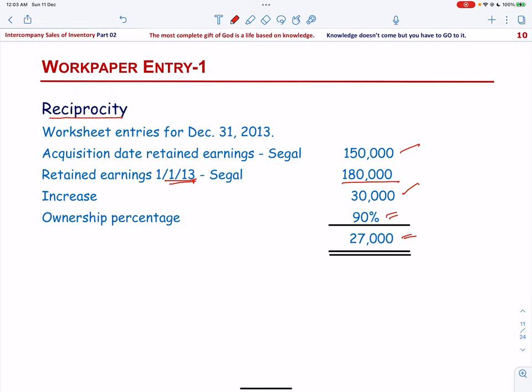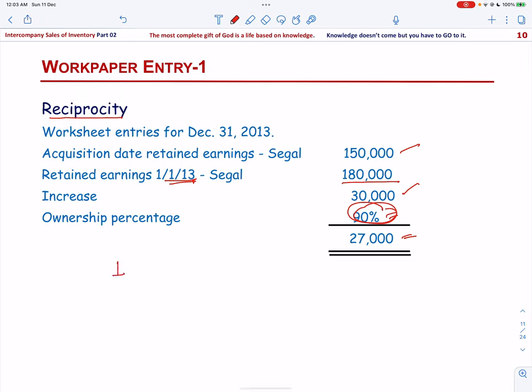And this is basically summarizing 4 years, that is 2009, 2010, 11 and 12. And since the P Company has acquired 90% of the common stock of Segal Company, 90% is 27,000, the 27,000 is the reciprocity, and the first thing we do is to record this reciprocity.